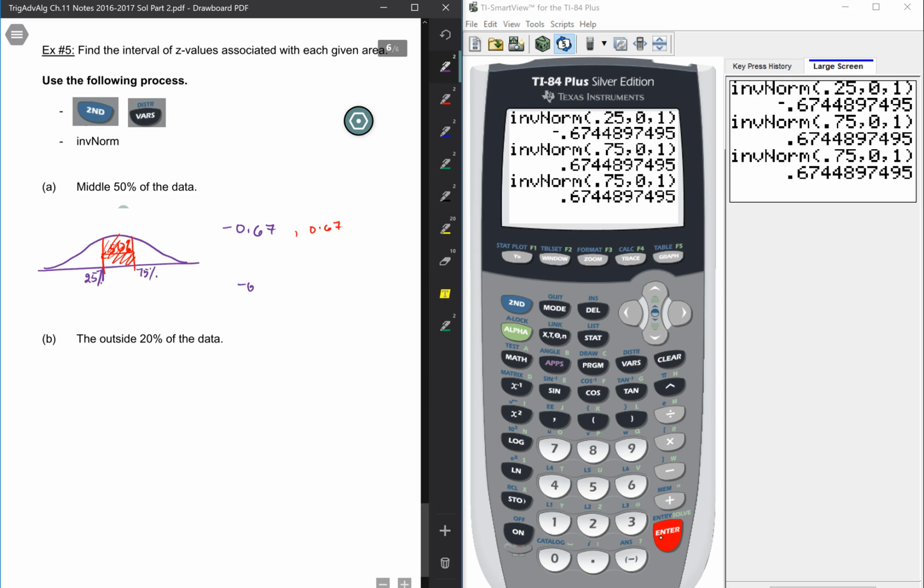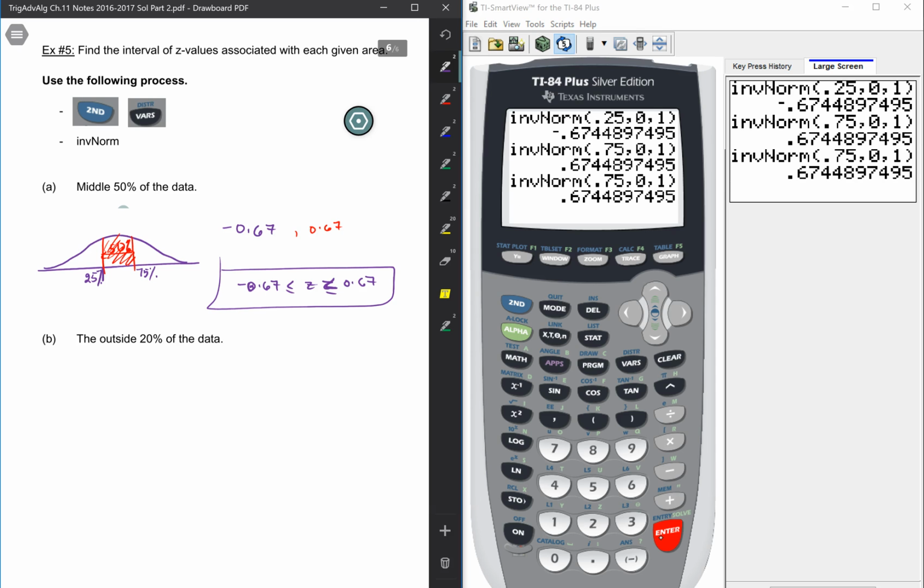So it's negative 0.67 less than or equal to z less than or equal to 0.67. Okay? So basically, if you pick any value from the red region, the z-score is going to be somewhere between negative 0.67 and positive 0.67.